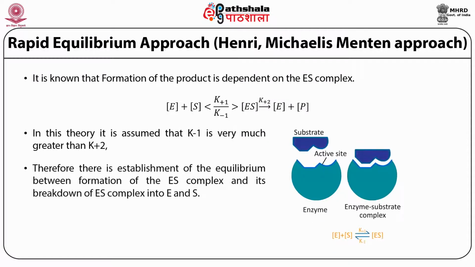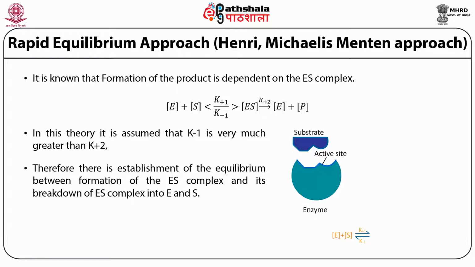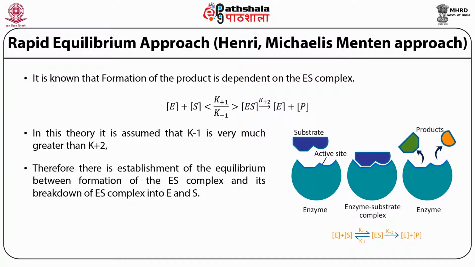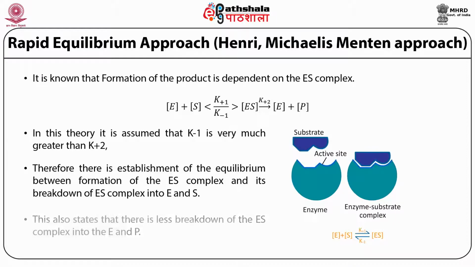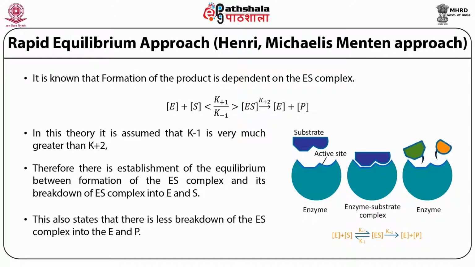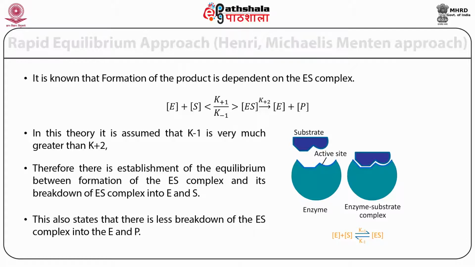Therefore, there is more breakdown of the ES complex back into E and S, and less product formation. When this condition is applied, an equilibrium is established between the formation of the ES complex and its breakdown into free enzyme and free substrate.